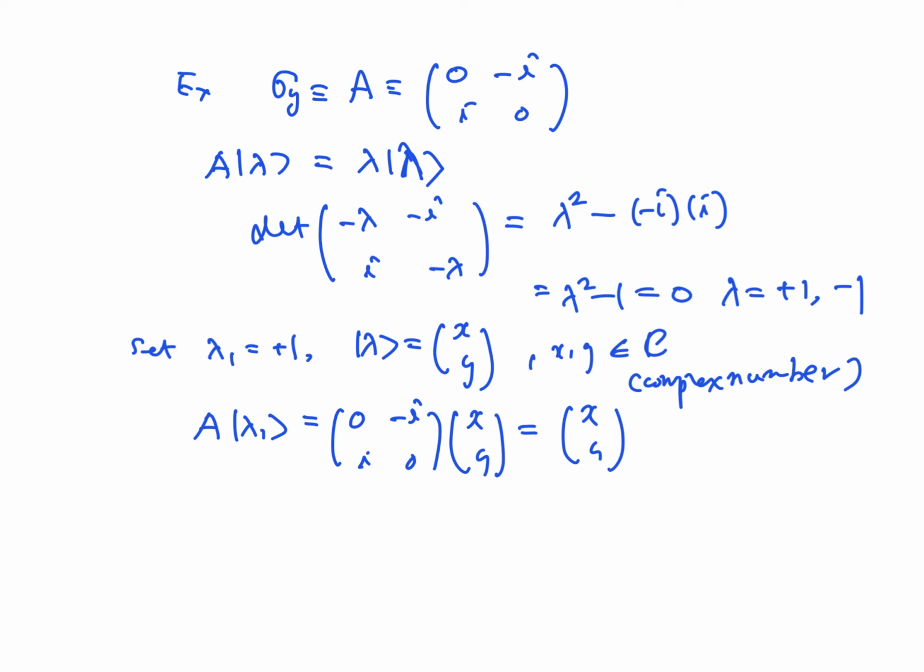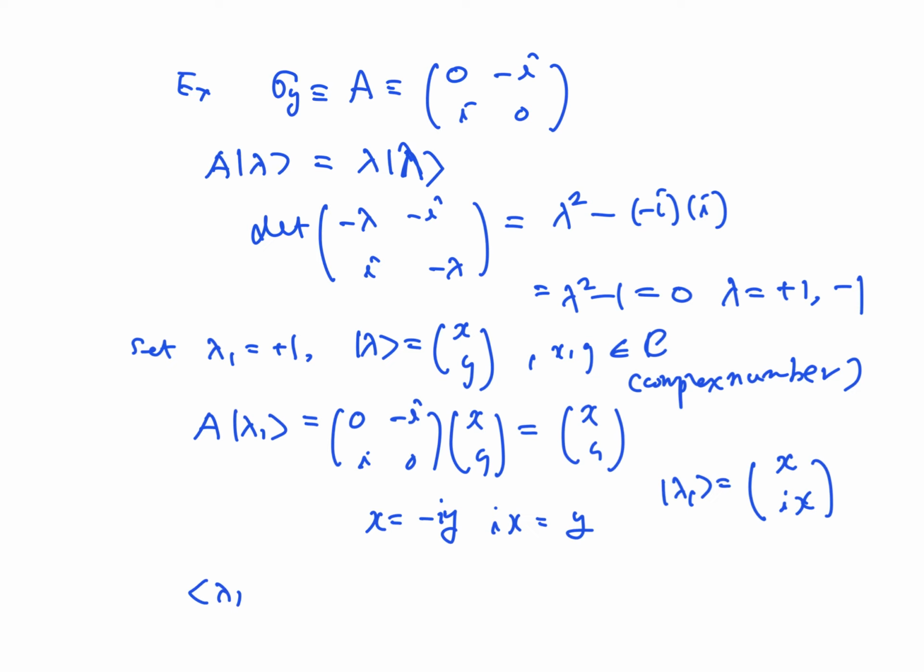So x equal to minus y i, or i x is equal to y. So we can simply set lambda 1 as x, i x, and maybe x can be real, you never know.